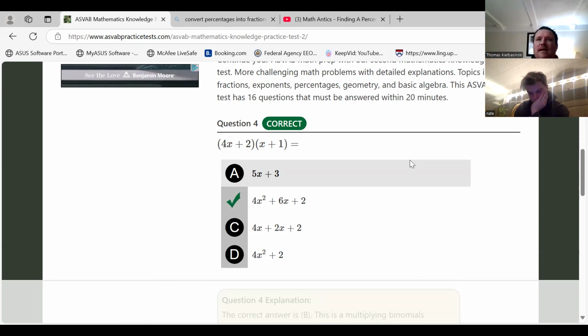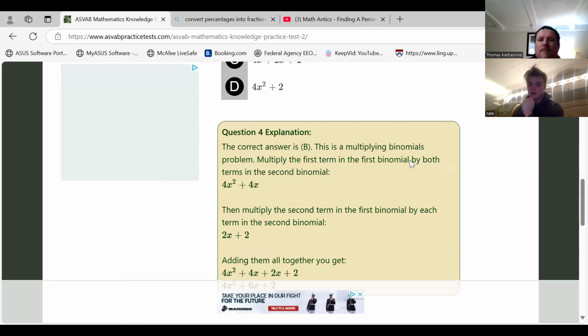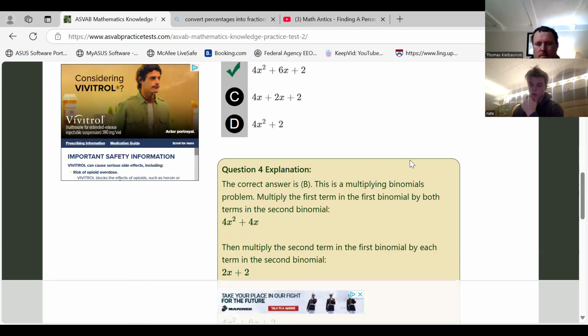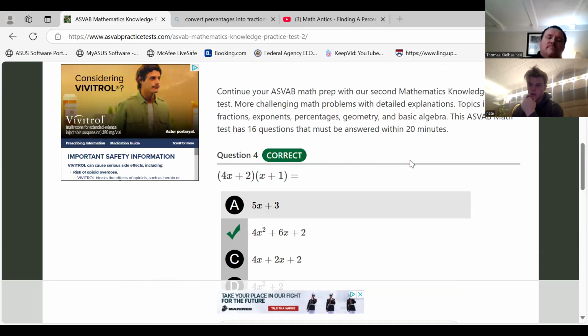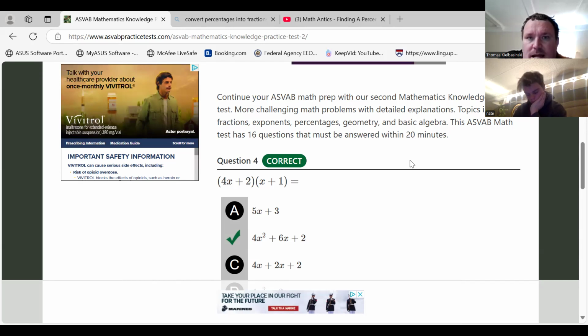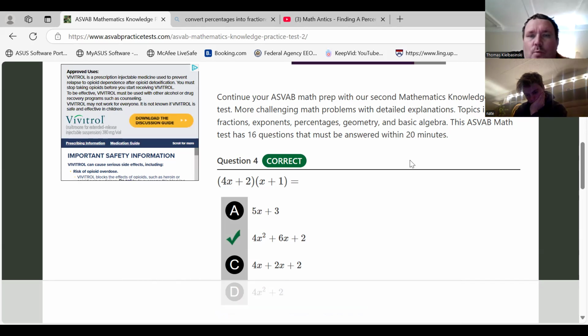That's how they make the problem up. 4x times x is 4x to the second power. You're adding the x's together. That's how you're doing it. 4x to the second power. Then 4x times 1 is just 4x.